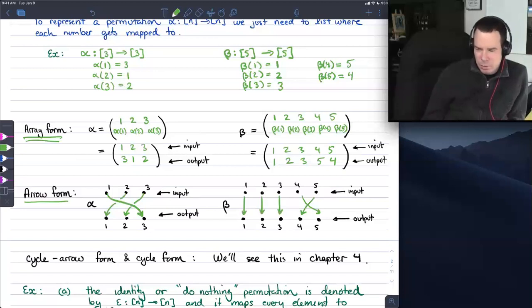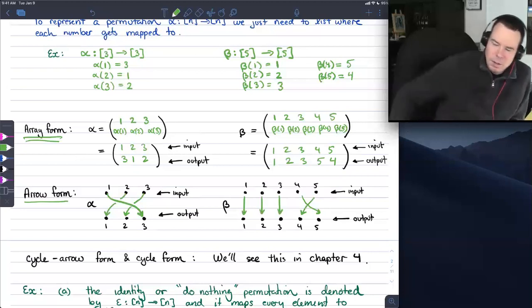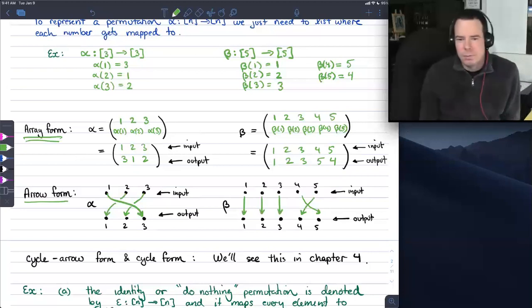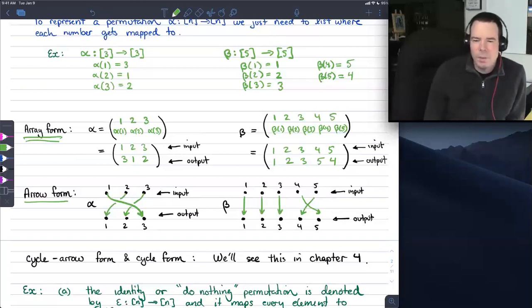Beta, it's very clear from the arrow form now that what it's doing is swapping the contents of 4 and 5 in some sense. If we think of this as the swap puzzle, it's switching two things. Whereas alpha has cycled things around. It's done what we call a 3 cycle when we were talking about moves on the puzzle from last week.